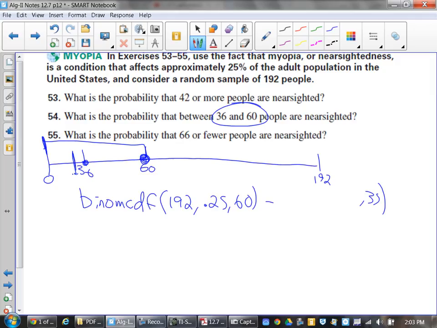Does that make sense? Now, if it wasn't including this, if I just wanted to say between 36 and 60, unincluding, that means my upper boundary. You said unincluding, and I was trying to think of what that would be. You put two prefixes over there.